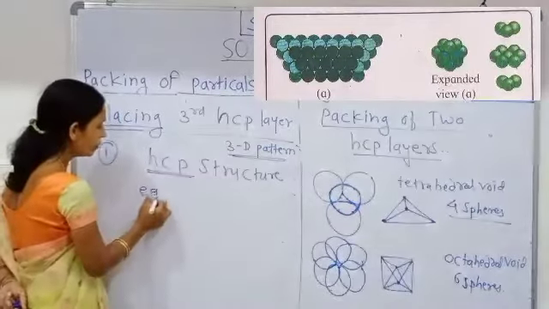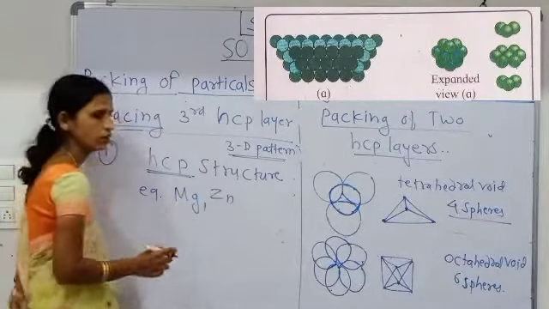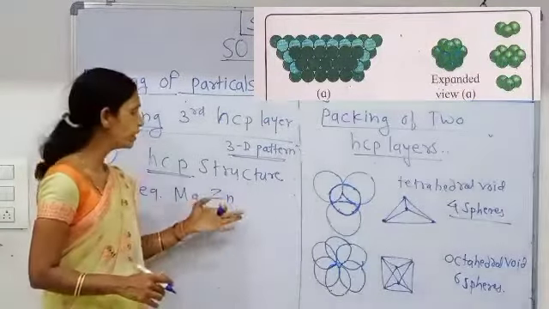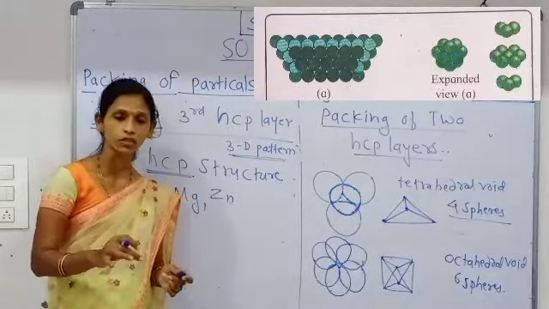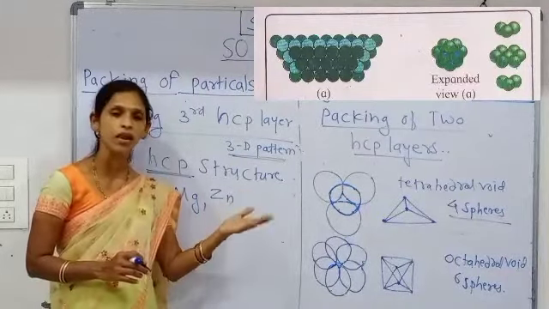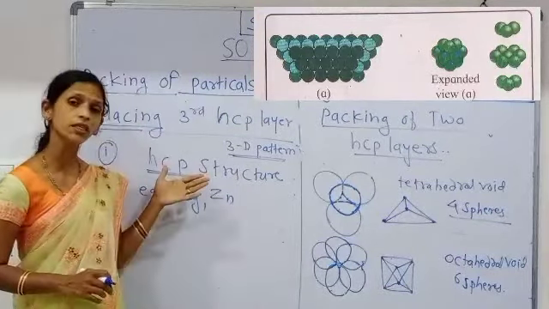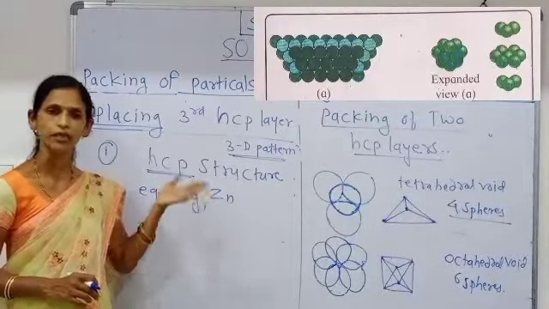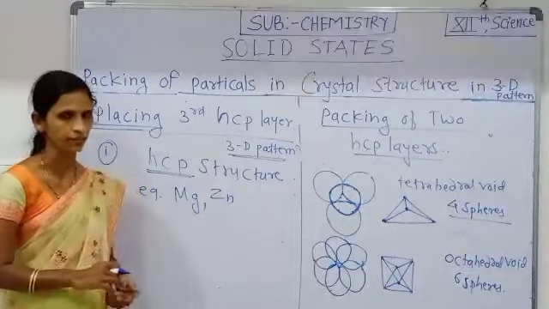Examples of this type are magnesium and zinc, which have the 3-dimensional HCP structure of the crystal lattice or unit cell. This type of arrangement is known as AB type of arrangement.